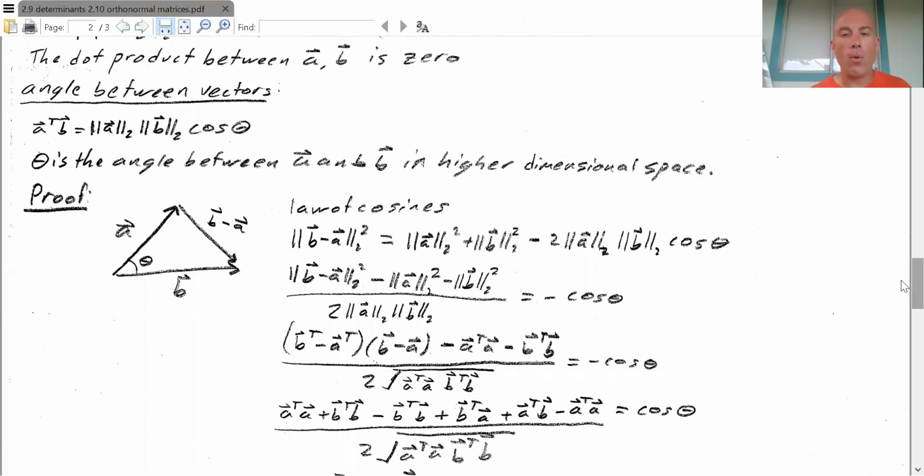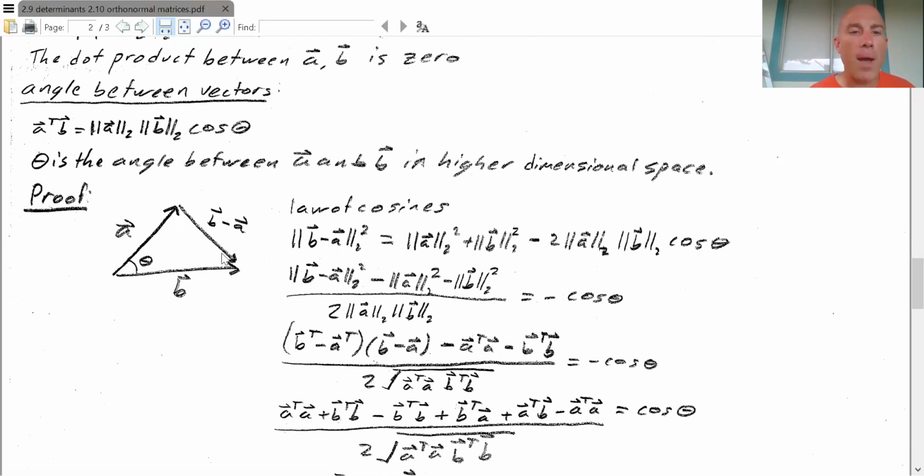Well, we just do a little bit of trigonometry. Easy peasy lemon squeezy. I'm going to take the law of cosines from back in high school, and this triangle. I've got vector A, I've got vector B, and these two vectors are hanging out in higher dimensional space. This is the origin of my coordinate system.